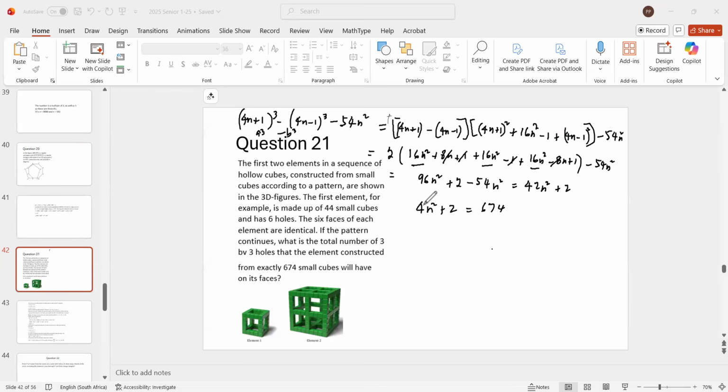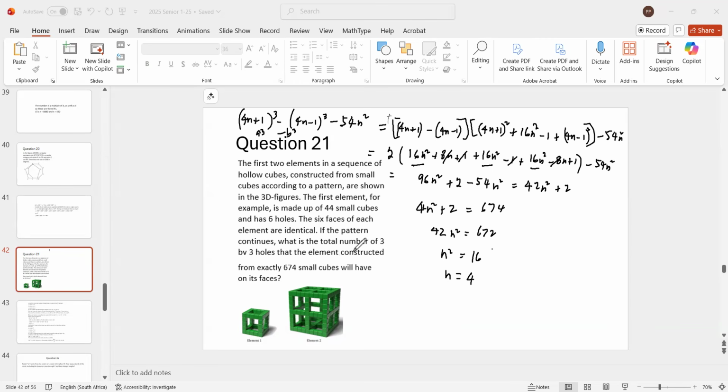So 42n squared equals 672. If you divide 672 by 42, you get 16, which is very nice, which means that n is equal to 4. So by the time you come to the fourth figure, you've got 674 cubes.